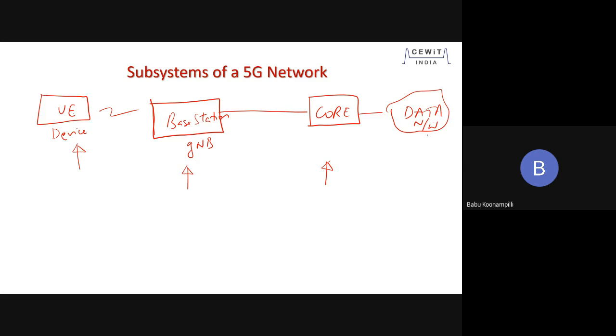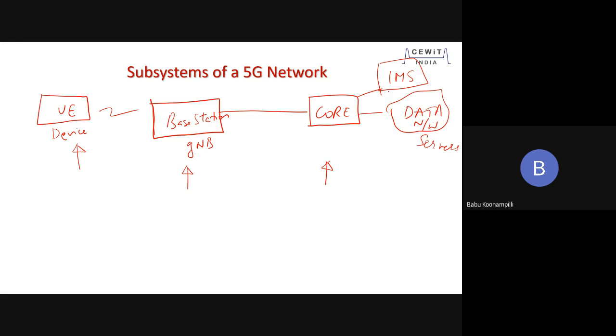The data network is outside the scope of 5G, but of course it is required to connect to the external servers. You may have all the servers, your internet servers, IMS servers. You can also indicate IMS separately. IMS is by itself a subsystem which is provided by the operator.